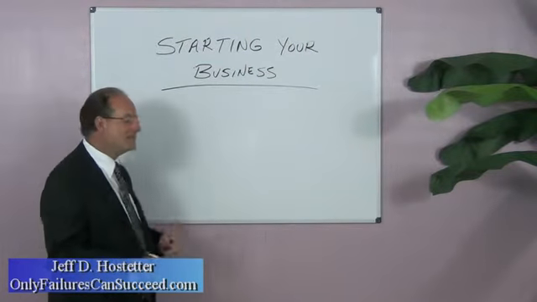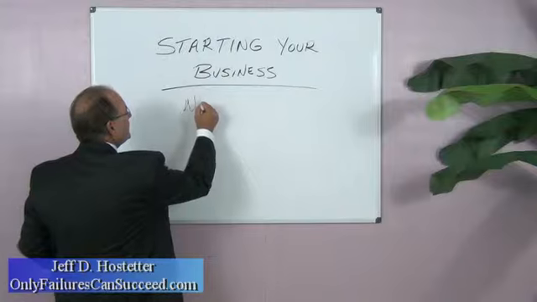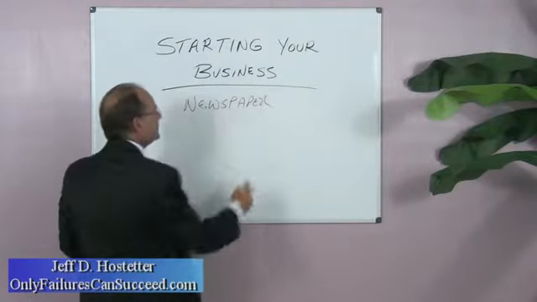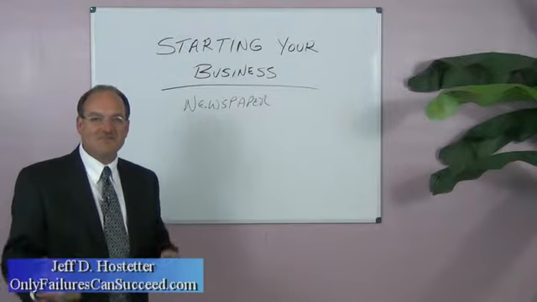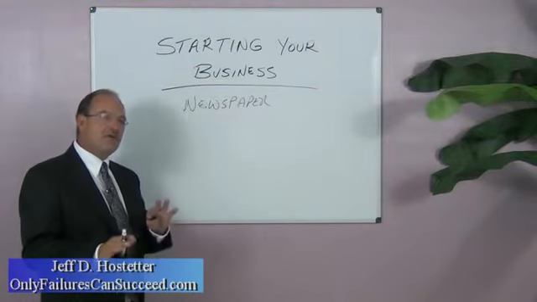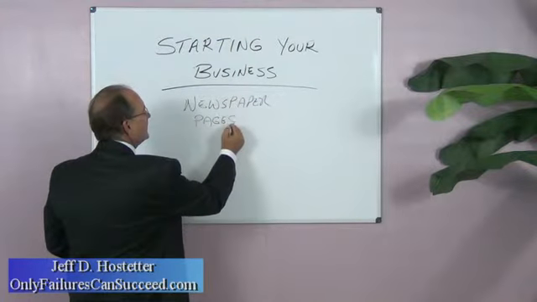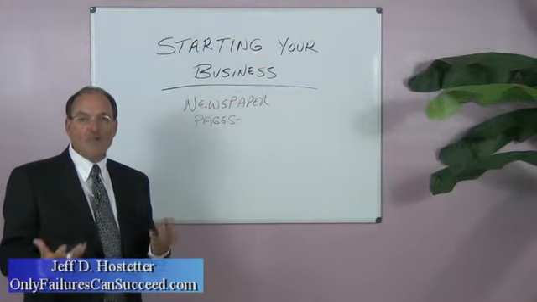And what I mean by that is this. You've got a newspaper that you want people to come and read. And within that newspaper, you have pages. As an example, you'll have a home page.